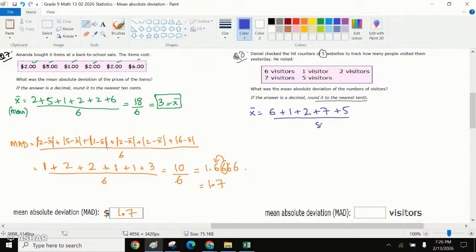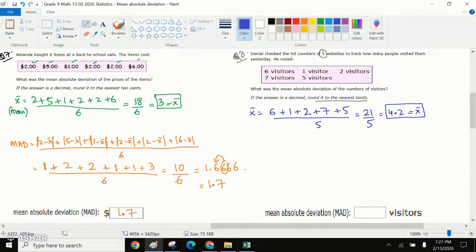The total for 5 websites: 6 plus 1 is 7, 7 plus 7 is 14, 14 plus 2 is 16, 16 plus 5 is 21, divided by 5. 21 divided by 5 would be 4.2, which is the mean, the average.